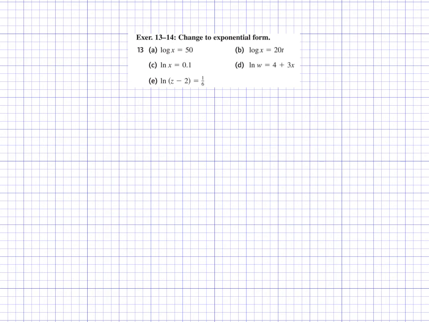All right, change to exponential form, going back the other way. So a, our base is 10. Notice there's no base written here, so 10 raised to the 50th power is equal to x. Part b, listen over here, base 10 raised to the 20t is equal to x.